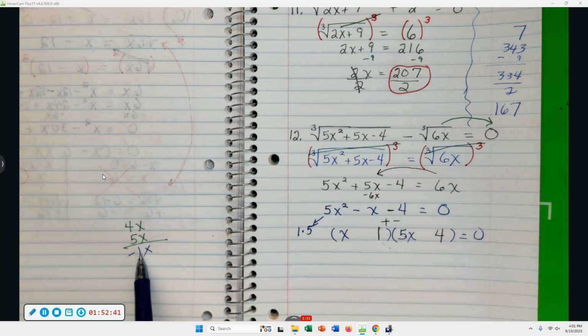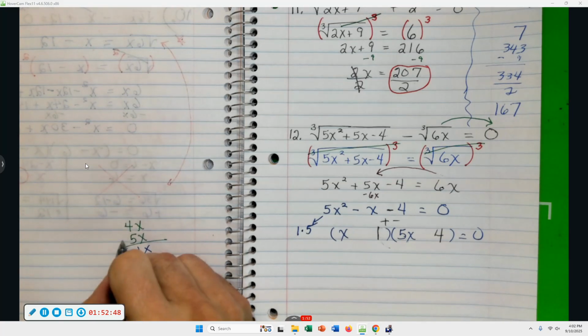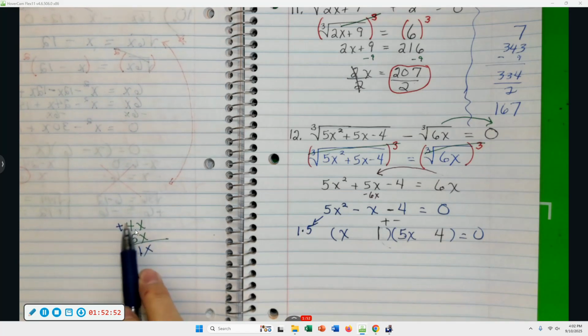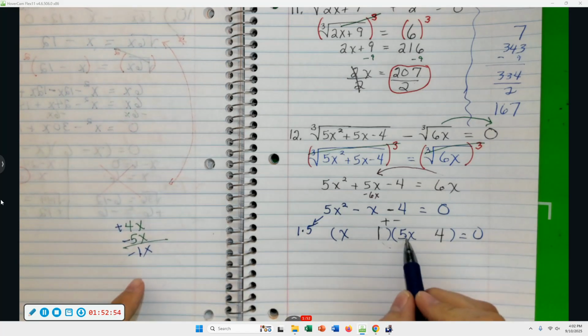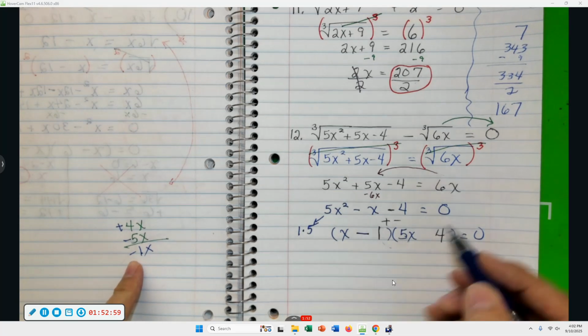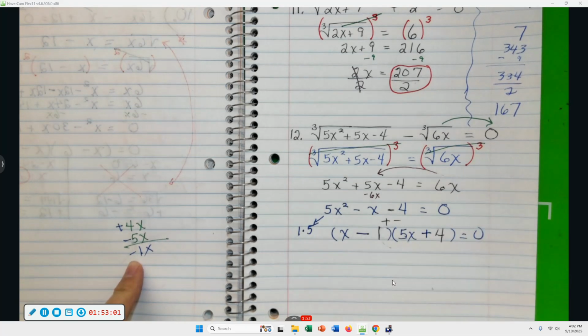Where should you put the plus? Where should you put the negative? The negative's in front of the 1. So the 5 should be negative, the 4 positive. To get the 5 negative, put a minus in front of the 1 and then the plus. Y'all follow that? There's so much going on.